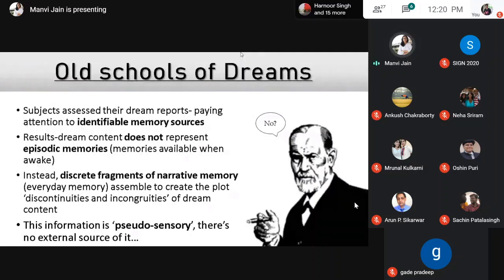Instead of this, we found out that discrete fragments of narrative memory or everyday memories, also including semantic memories, assembled to create the very absolute discontinuities and incongruities of dream content, which we all experience, that we are so nonsensical.